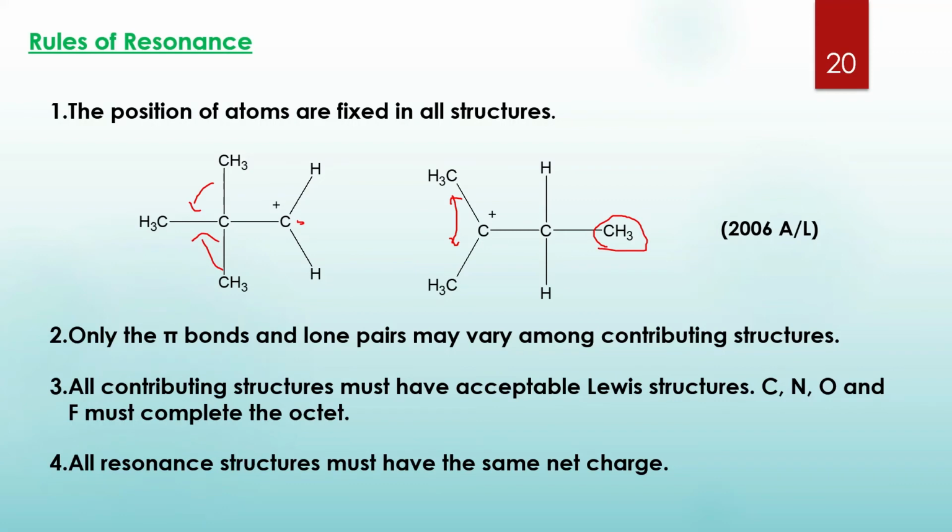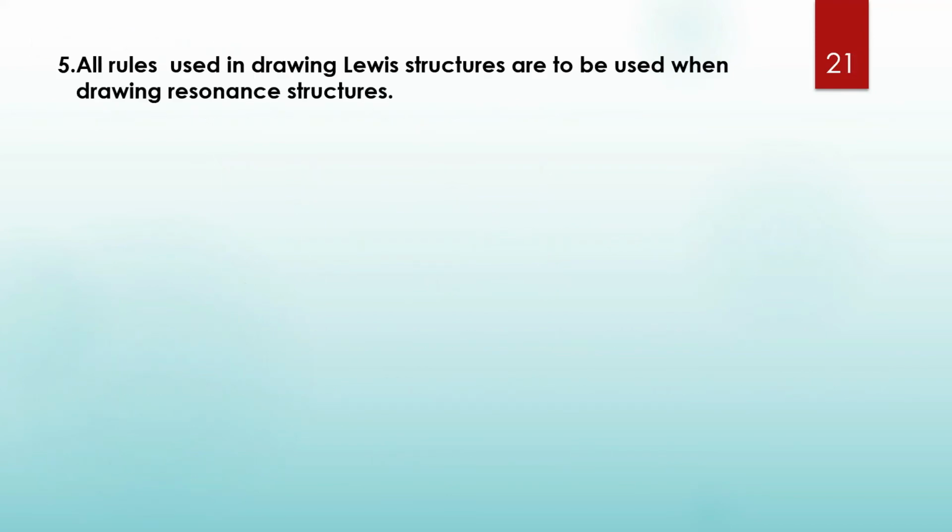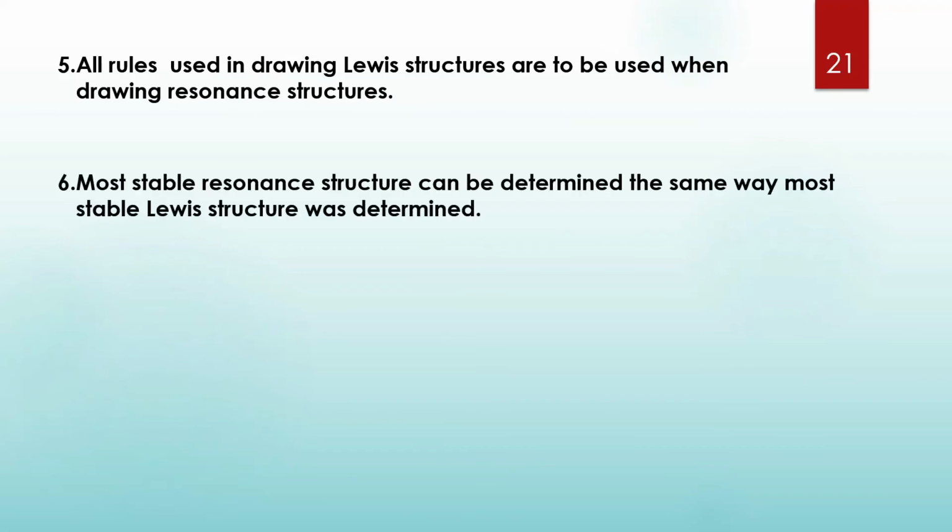All resonance structures must have the same net charge, and this net charge is equal to the formal charge. The formal charge should be equal to 0 in a neutral molecule, and it should be equal to the charge in a polyatomic ion. All rules that are used when drawing Lewis structures are to be used when drawing resonance structures.